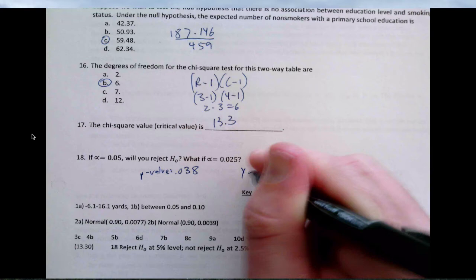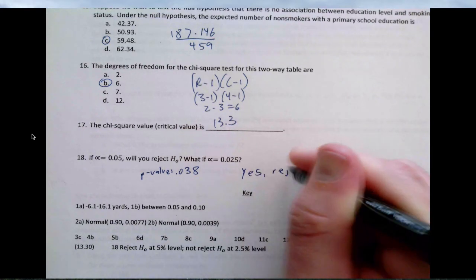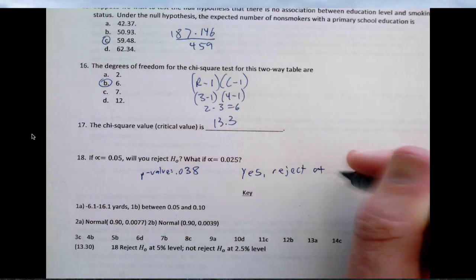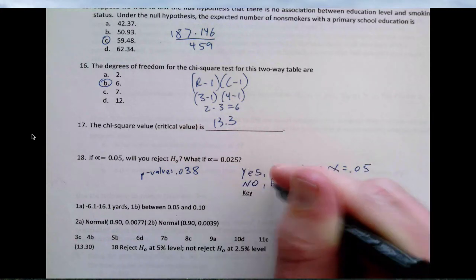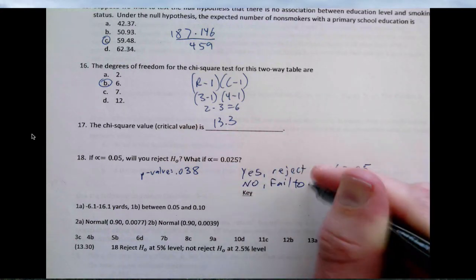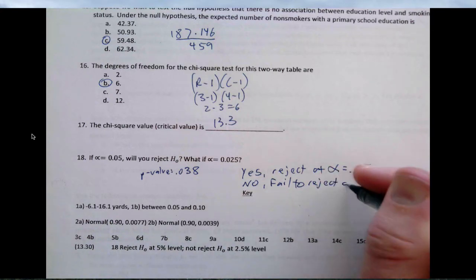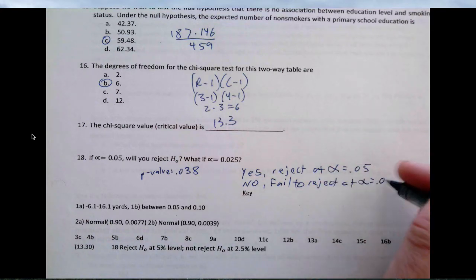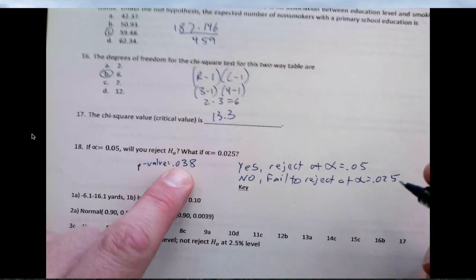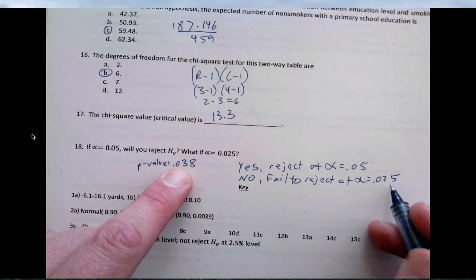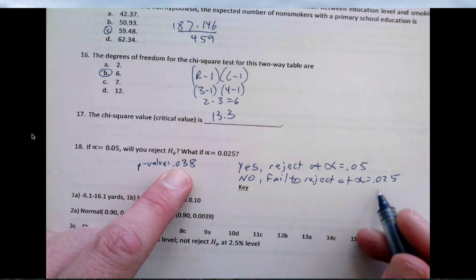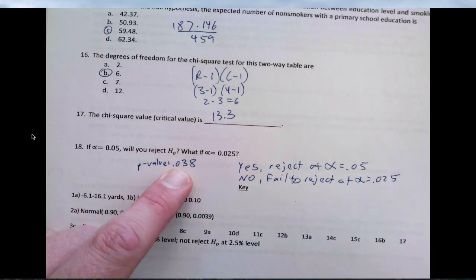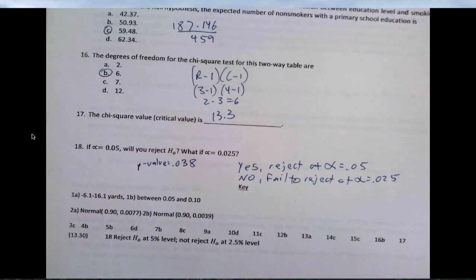Yes, we would reject the null at alpha equals 0.05. We would fail to reject at alpha equals 0.025 because we would be above it. So if our level of significance is 5%, we would reject. If it's 2.5%, we're over it because we're at 3.8%.